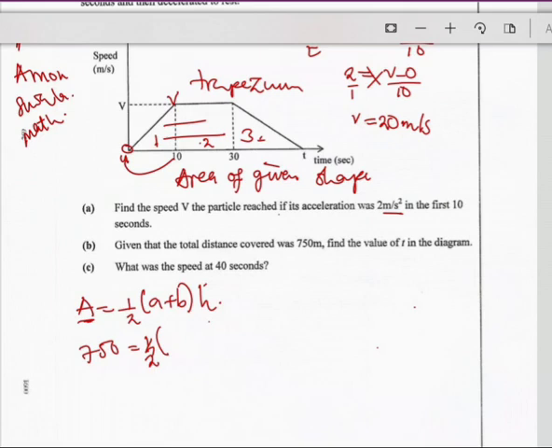Our a is this distance, 30 minus 10, which is 20, plus our b, which is t. The height is from here coming down, which is the 20 we have found already. So we have 750 equal to the half of this 20 outside, that is 10, times 20 plus t.